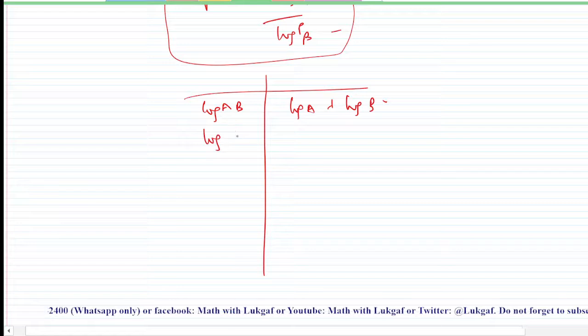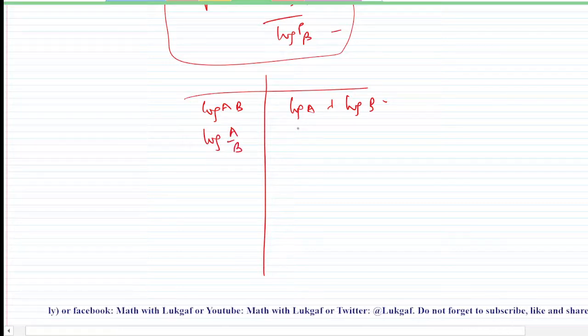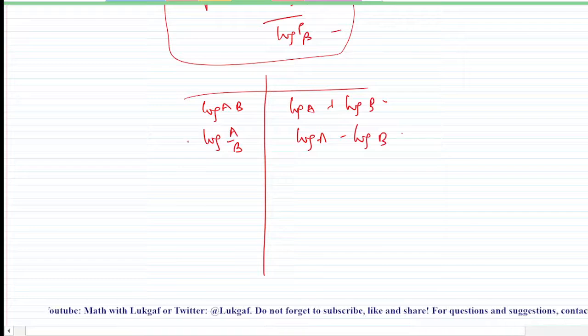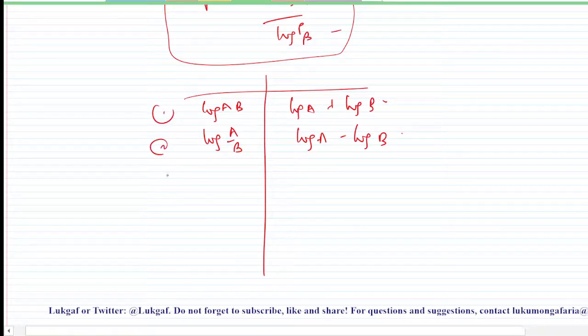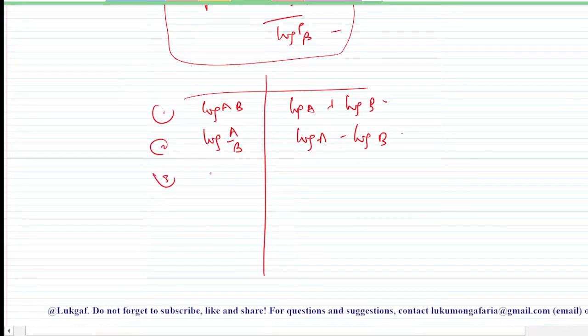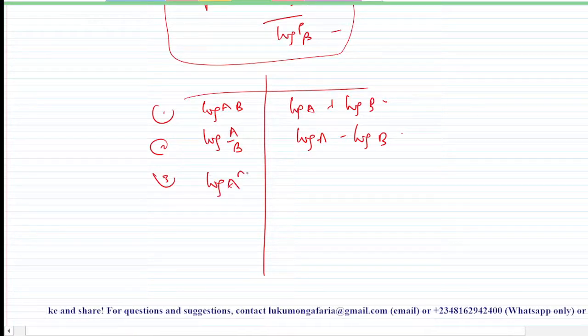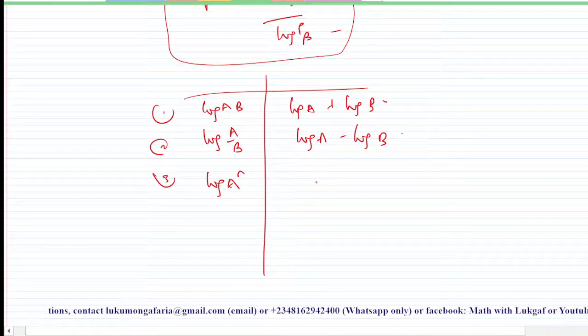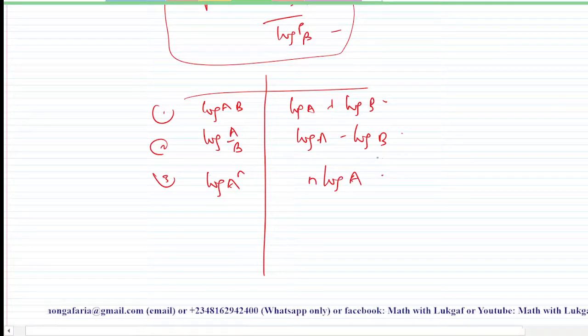When you have log a divided by b, it's the same thing as log a minus log b. And don't forget the third one, which I call the power law. When you have log a raised to power n, you just put the n here, then I'm going to have n log a.